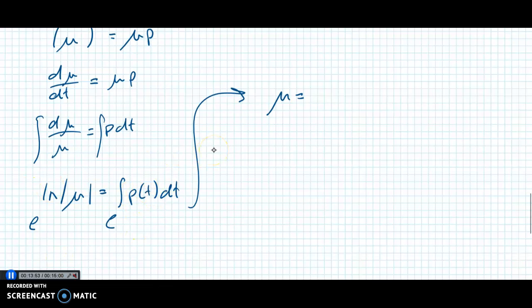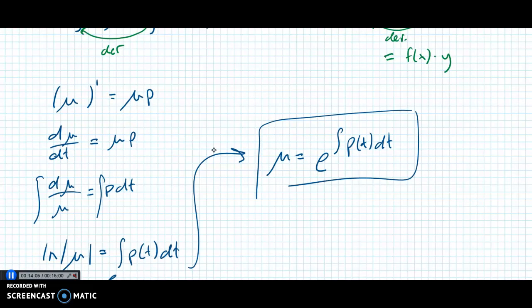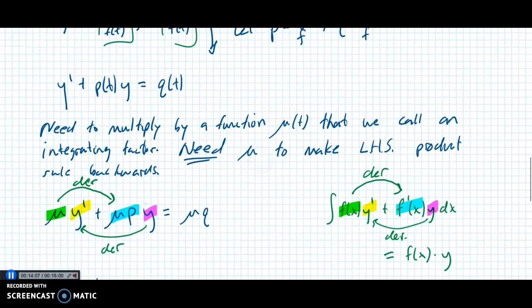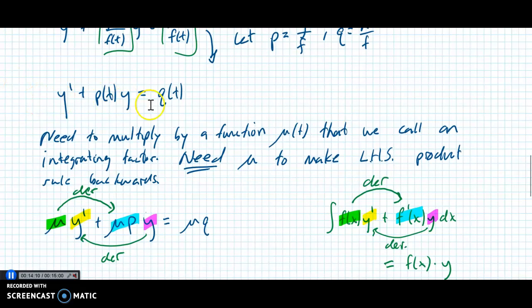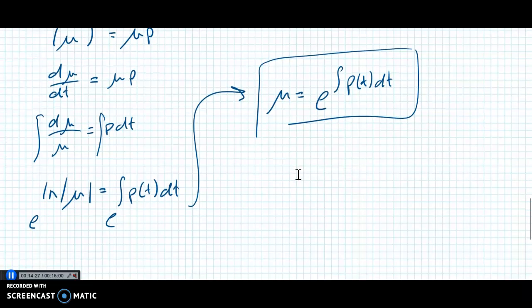So e to the integral of p of t dt. Now, that's it. That's mu. Okay? So if I have a function in this form up here, I just do e to the integral of this thing, and that gives me the correct mu that's going to set it up so I can do product rule backwards, and it'll work perfectly.